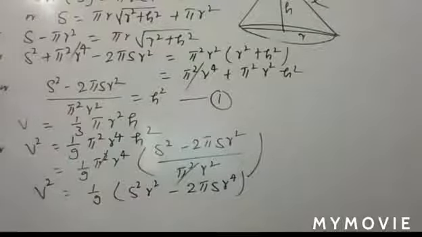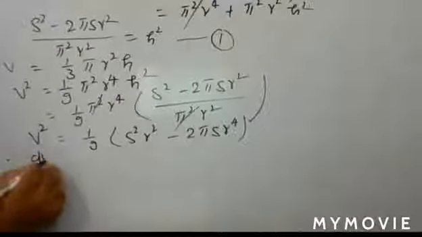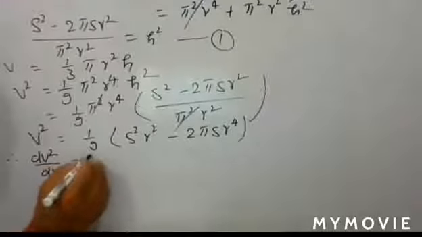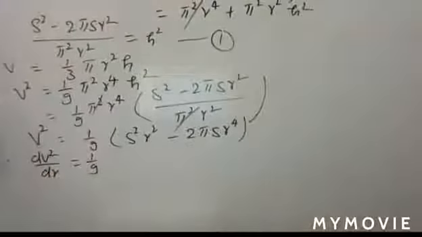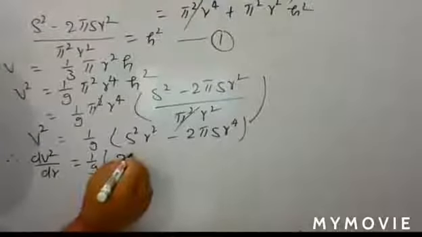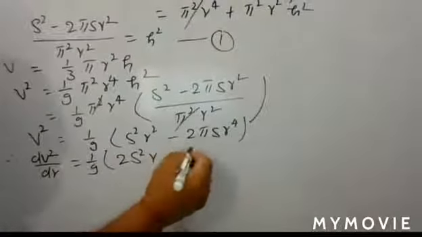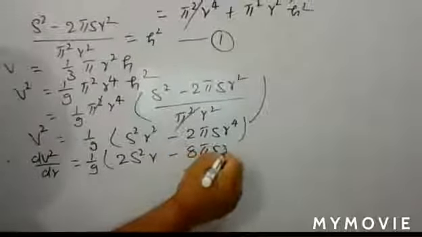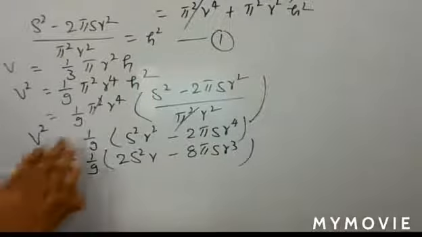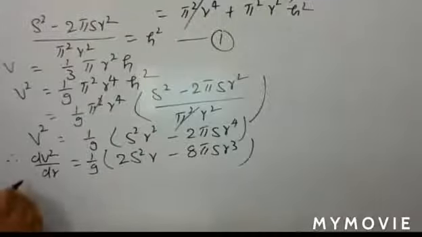So if you are taking its first derivative, you write dV square by dR is equal to 1 upon 9 into, differentiating, 2S square R minus 8 pi S R cube. That gives the value of its first derivative. Now make it equal to 0.